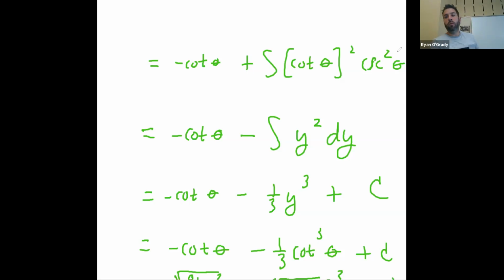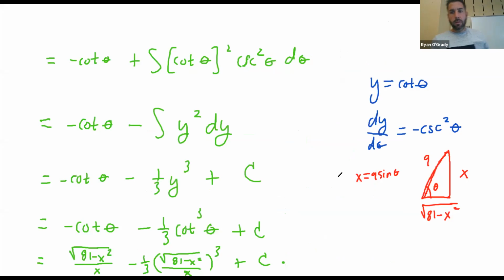So what Wolfram is doing, if you're keeping score at home, is the following. I'll write it up here.